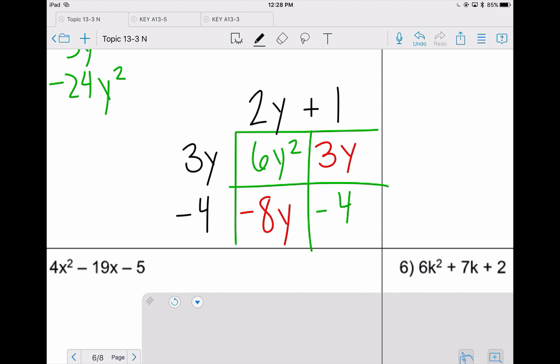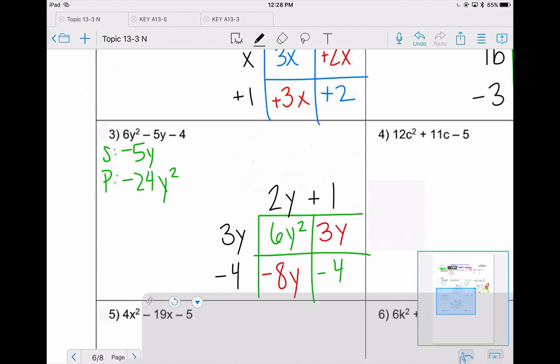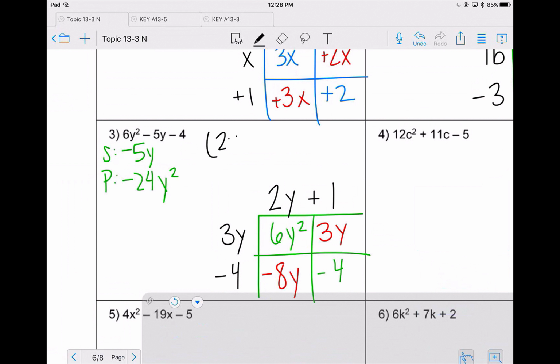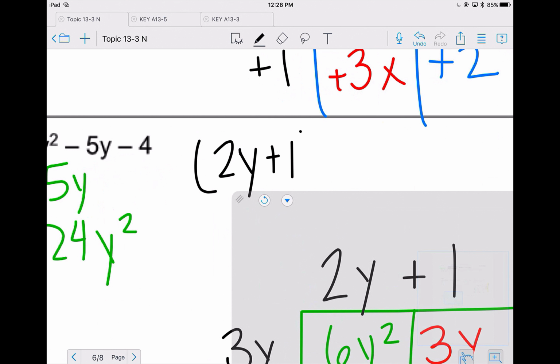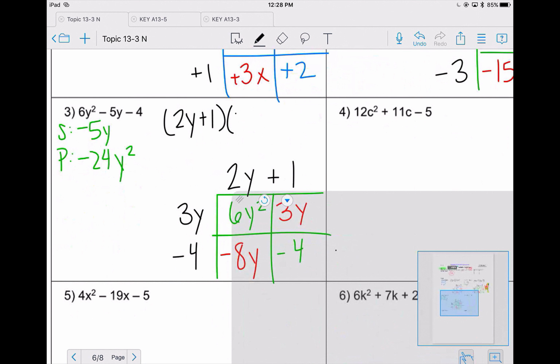Remember, they do not share a negative 8 because if you only have 4, you can't take 8 out of 4. Quick check, 2y times 3y is 6y squared. 1 times negative 4 is negative 4. So my factors are 2y plus 1 and 3y minus 4.